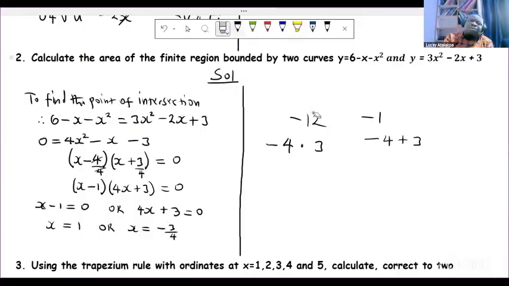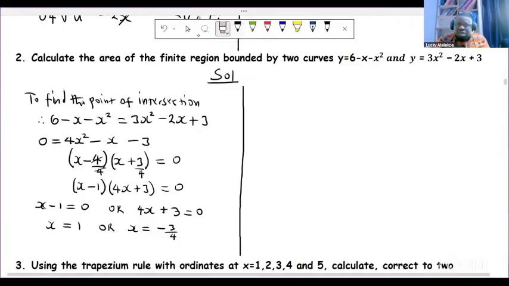Now, these values will form our limits. Is that clear? So we'll now form an integral where we'll put limits. Is that clear? So we want to determine the upper curve.